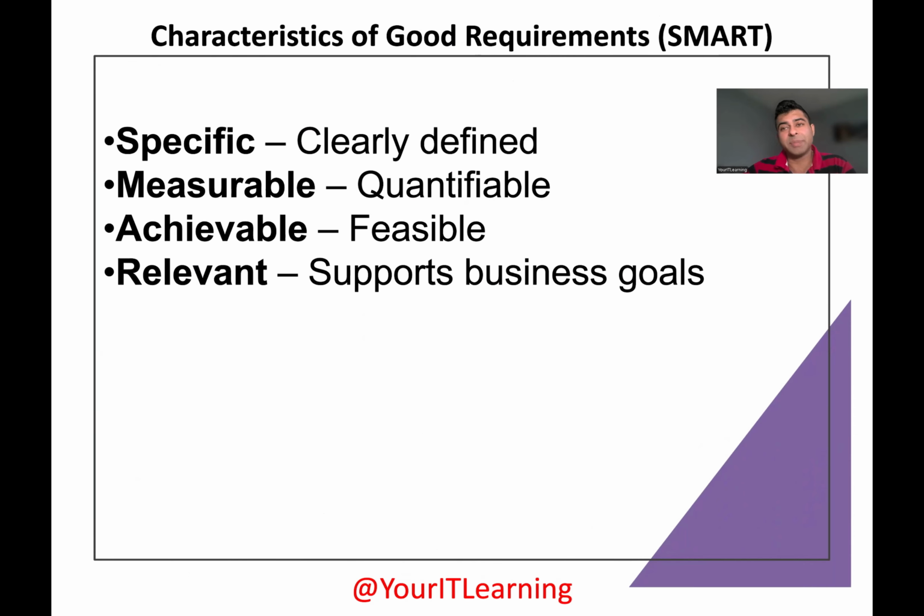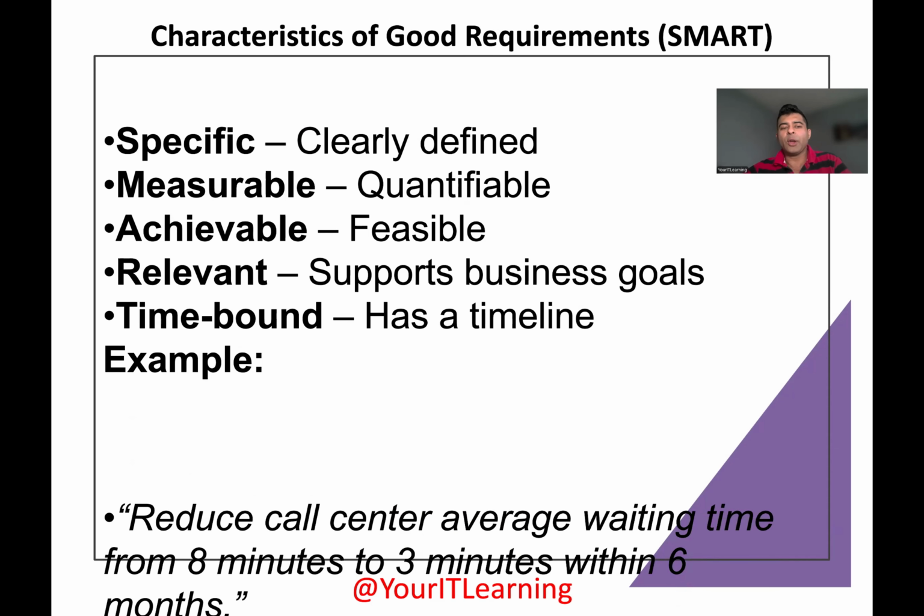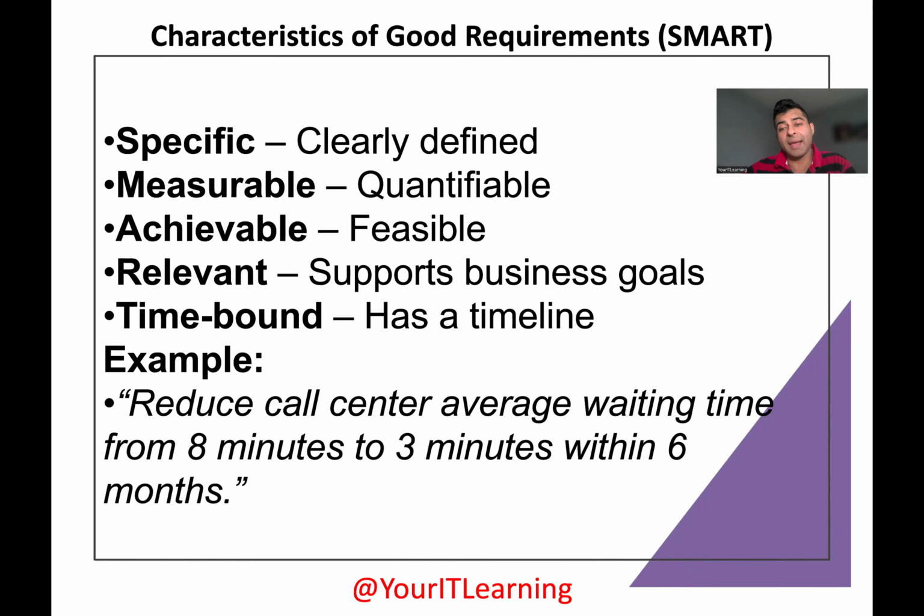Relevant, supports business goals or the roadmap. Time bound, has a timeline. So it has a specific timeline that it should be completed by a particular time. For example, reduce call center average waiting time from 8 minutes to 3 minutes within 6 months.